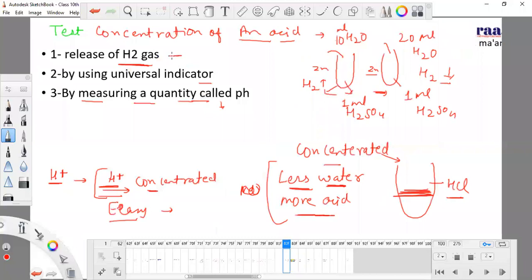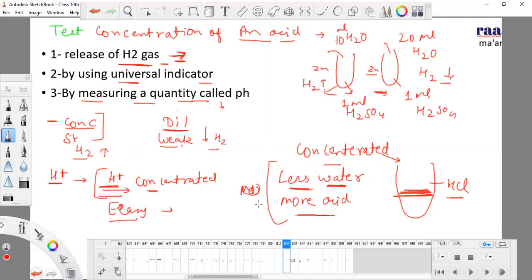So we have these three experiments which can show us which is more concentrated acid and which is more diluted acid, or which is the stronger acid and which is the weaker acid. You can use the hydrogen test. If an acid is concentrated or strong, it will release more hydrogen, and if it is dilute and weak, it will release less hydrogen.